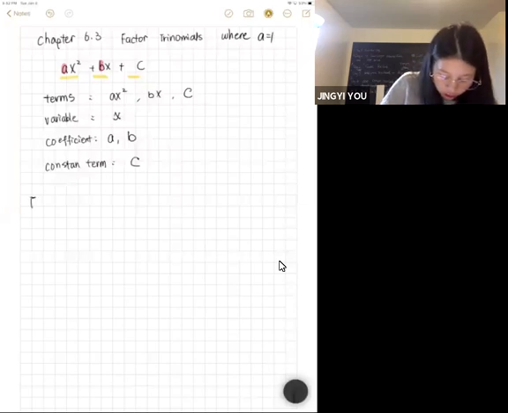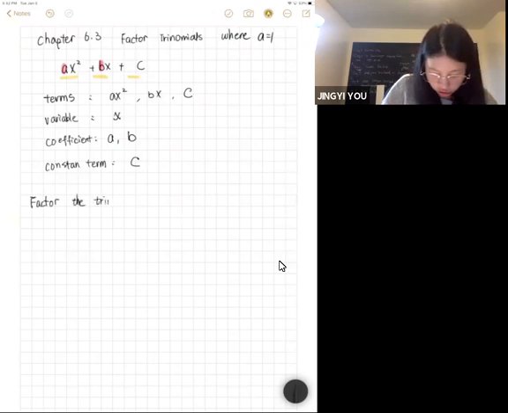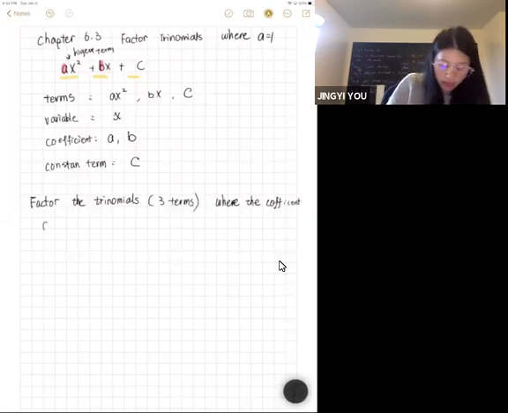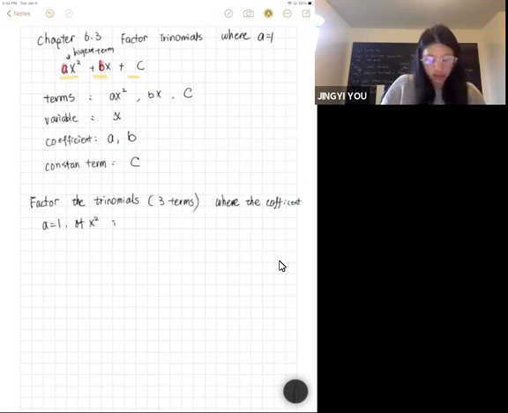So after we know these terms, if we want to factor trinomials, which include 3 terms, right, where the coefficient of the highest term, the one with the highest power, is a equals 1 of x squared, such as x squared plus 2x plus 6.